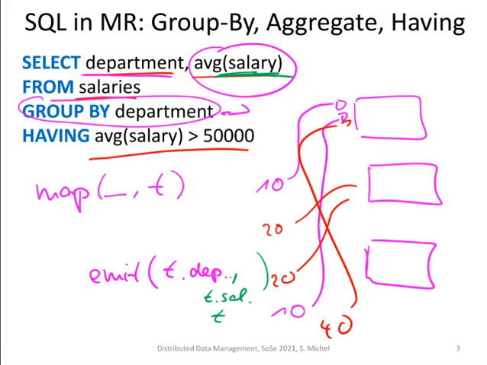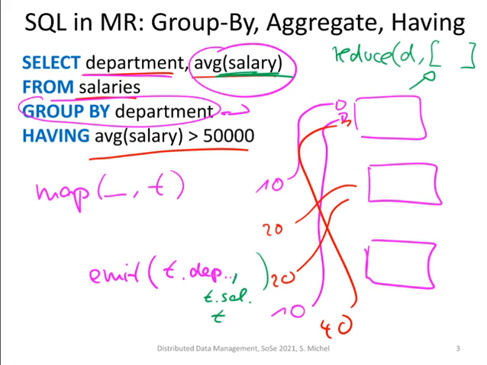And then at the reduce side, when you're looking at the reduce code, there we have the key as the first parameter. Here in this case, the key, we can already say this is the department ID. And here we have now an array of all the salaries. And then we take this array and we compute the average.